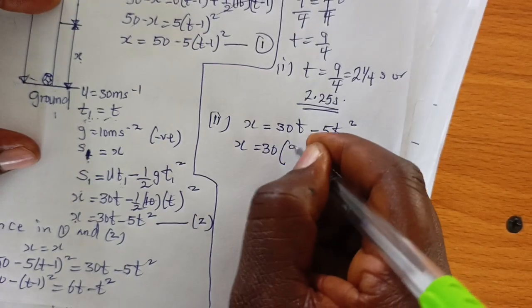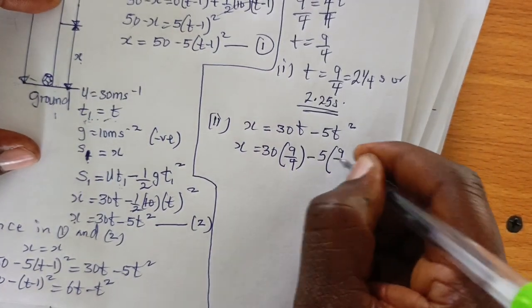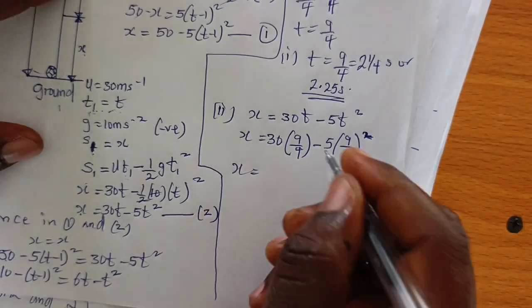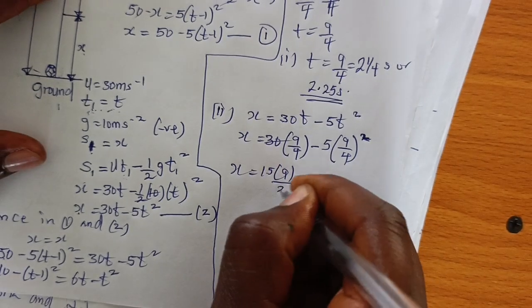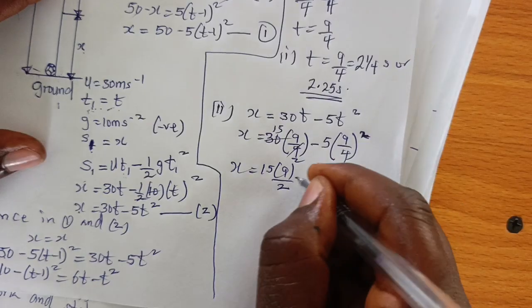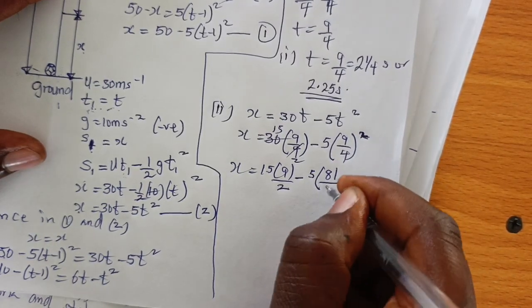So we have 30 times 9 over 4, then minus 5 into (9 over 4) raised to power 2. So s equals, 2 goes here, we have 15 by 9 over 2. Then we have minus 5 into 9 squared, 81, over 4 squared, that will be 16.